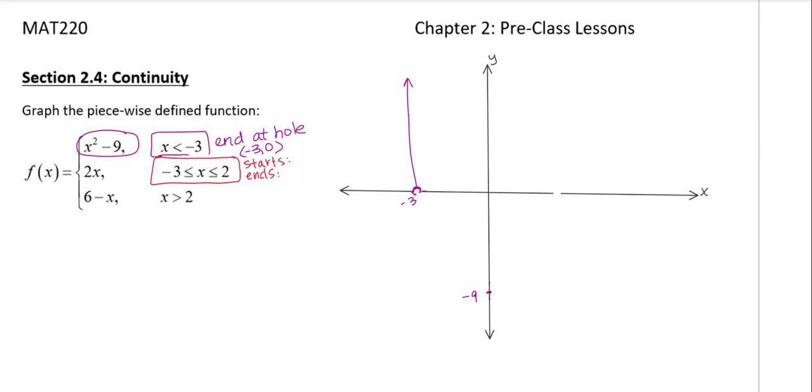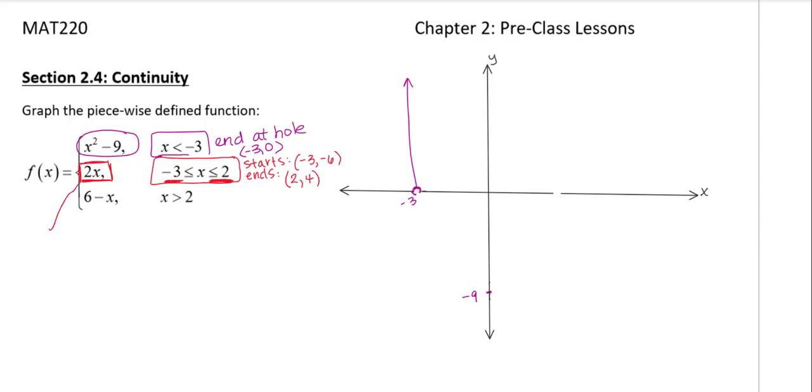Both of these will be points. If I put -3 in for x into this middle function, 2 times -3 gives me -6. So it starts at -3 for x, comma -6 for y, and it's going to end at x equals 2. So if x is 2, 2 times 2 is 4, so I have the point 2, 4.